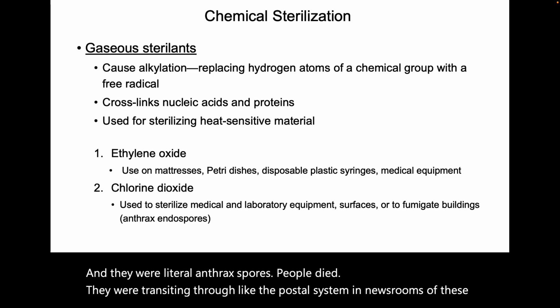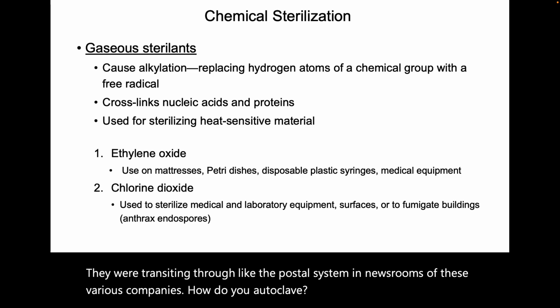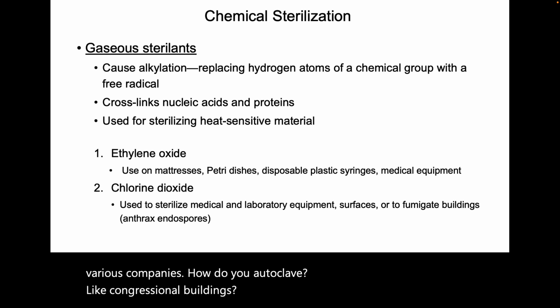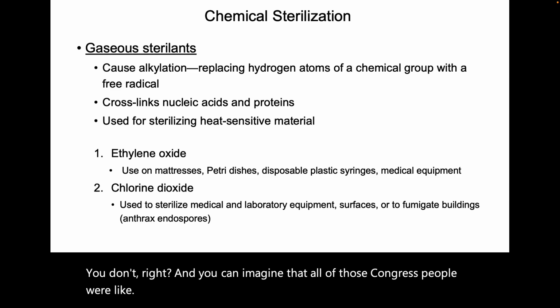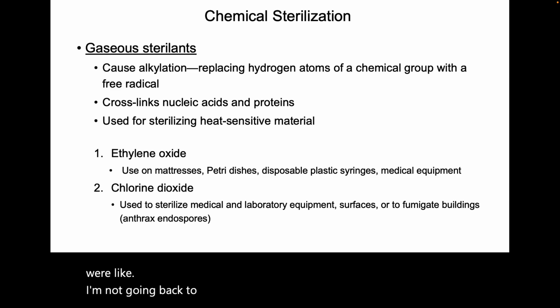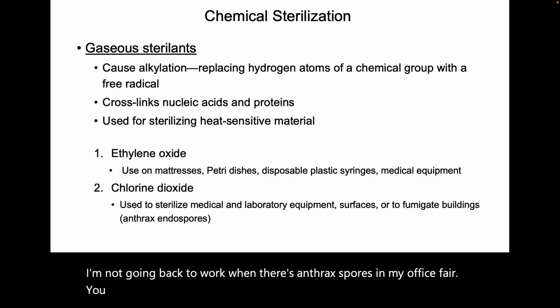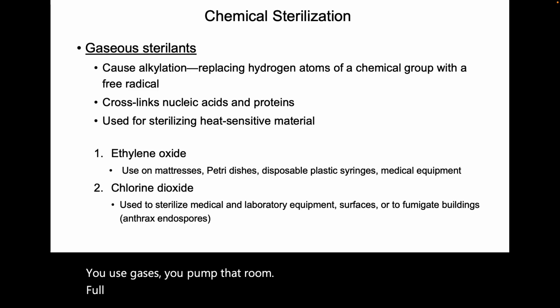How do you autoclave congressional buildings? You don't, right? And you can imagine that all of those Congress people were like, I'm not going back to work when there's anthrax spores in my office. Fair. You use gases. You pump that room full of gases to sterilize the spores. That's what they did.